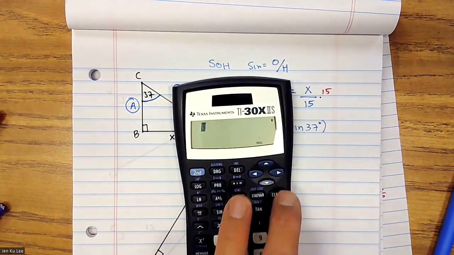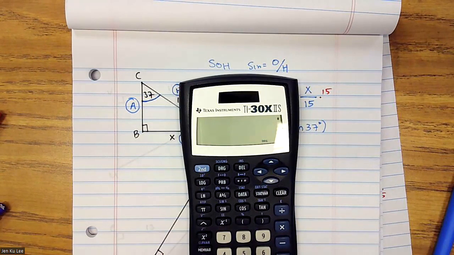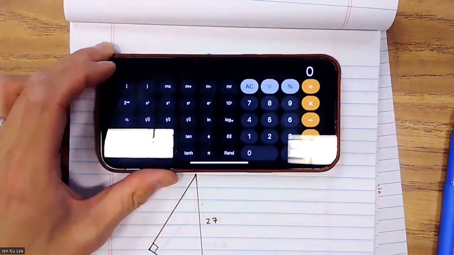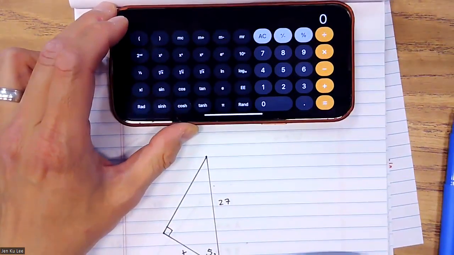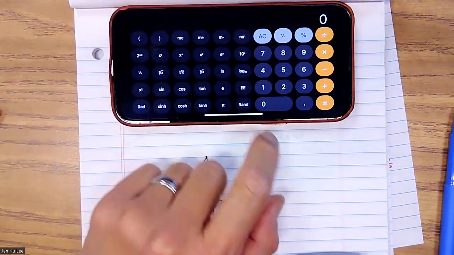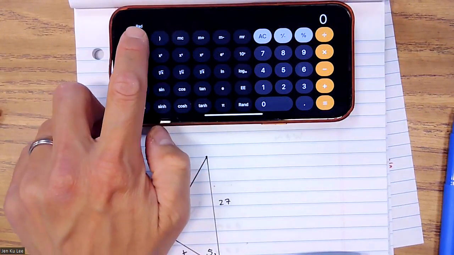Let me talk to you about your phone first. Make sure that it's not in rad. You see this rad button?